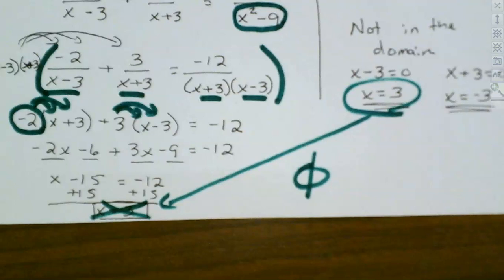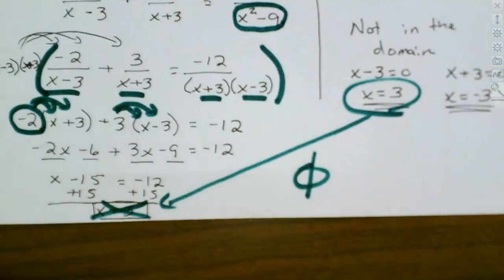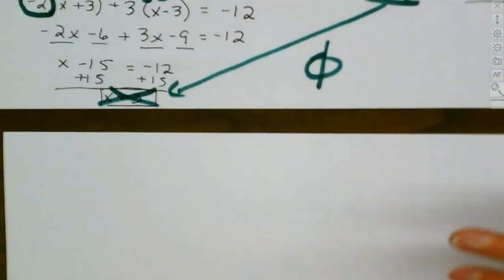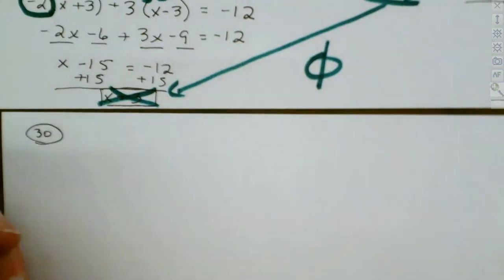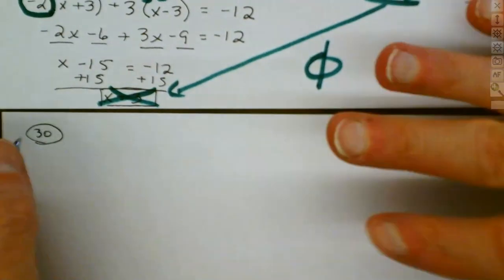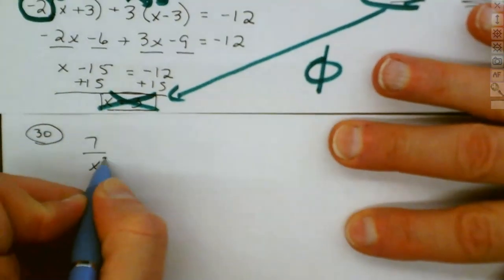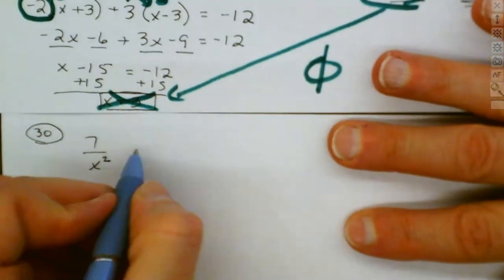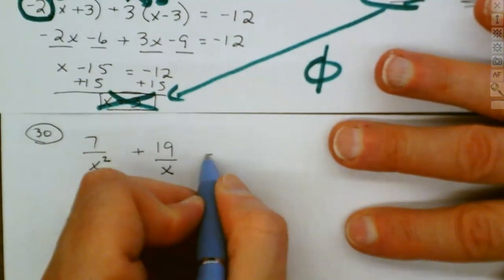Let's look at 30, and how we would handle clearing out the fractions on 30. So question 30, 7 over x squared plus 19 over x equals 6.